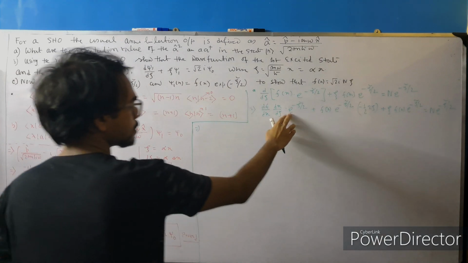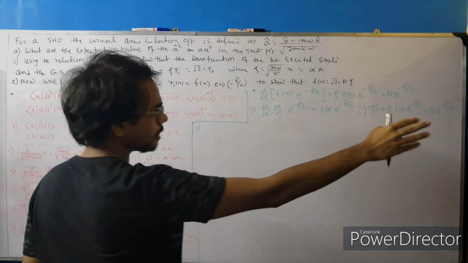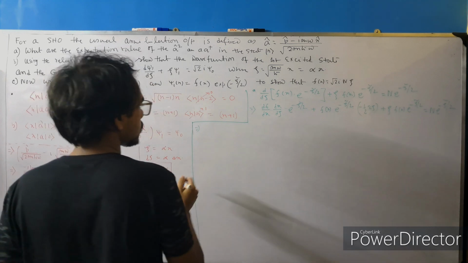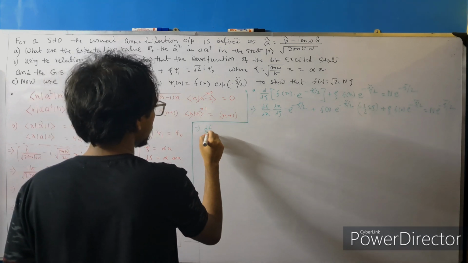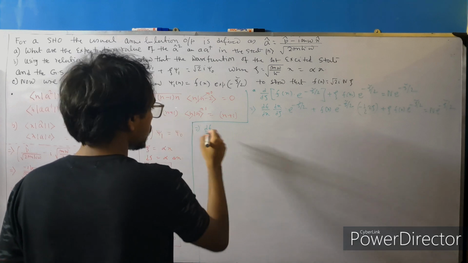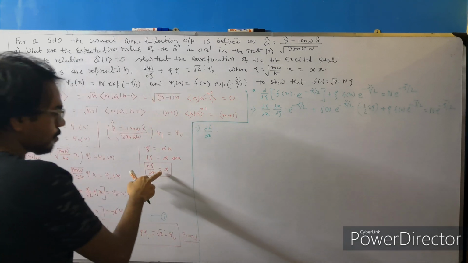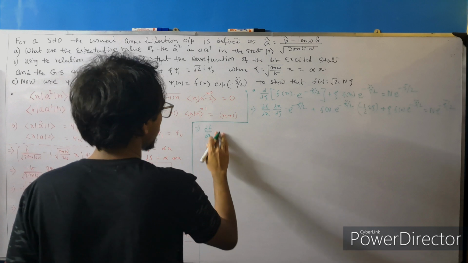As you can see, these exponential terms are on both sides and they get cancelled out. So I can write just simply df dx, and dx d xi is just the reciprocal of this thing, so I can write it as 1 by alpha.